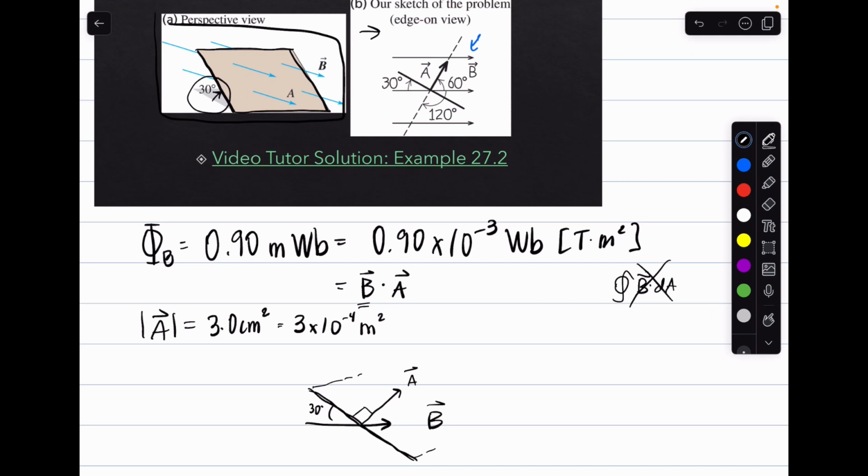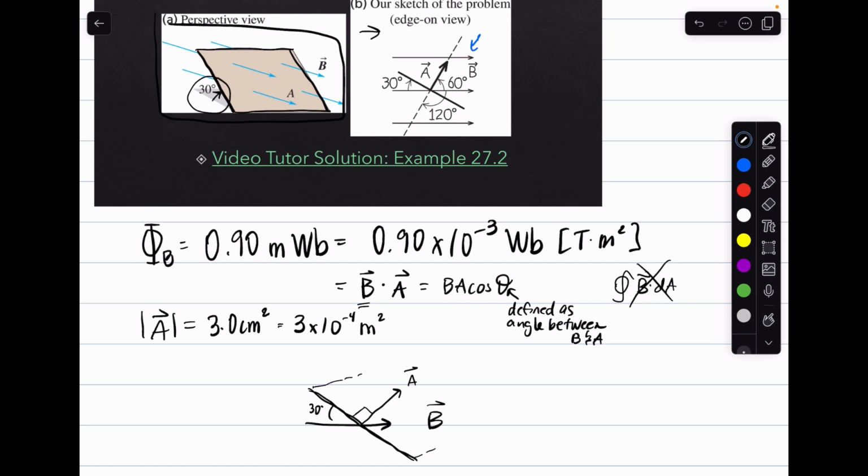If we do a little bit of geometry, what we need is the angle between B and A in order to do this dot product, because B dot A is simply BA cosine theta, where theta is defined as the angle between B and A. So that's what we're here to figure out.